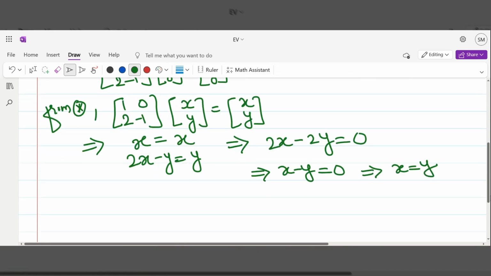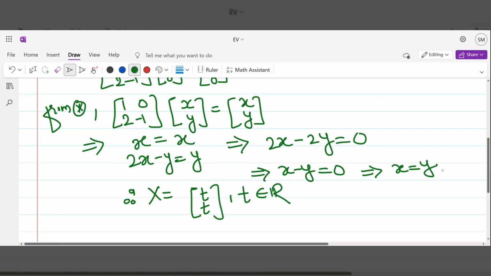It means that the vector X is x comma x, or instead you can write t comma t, where t is any real number.